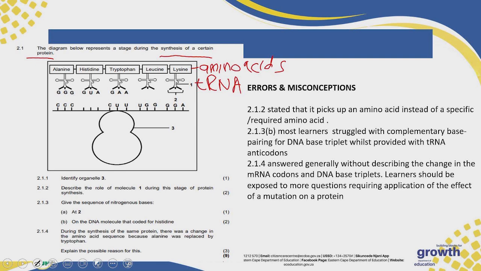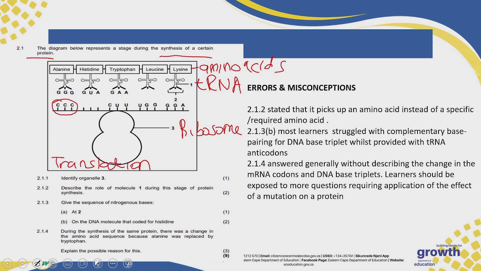So definitely the process that is represented here, where you can also see this organelle labeled number 3, which is the ribosome, is translation. I hope you can understand. Why is it translation? Because you are having the different tRNAs bringing the amino acids according to the codon.